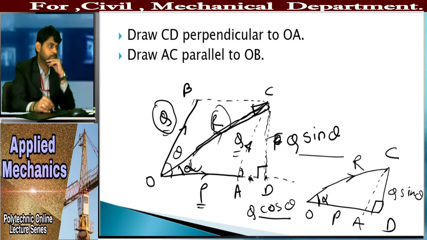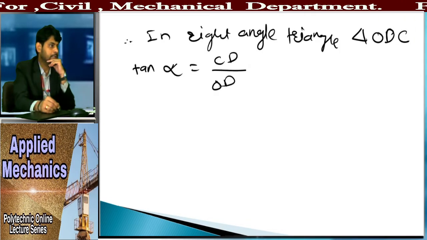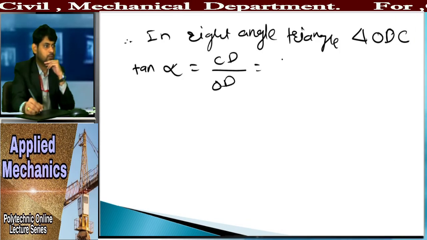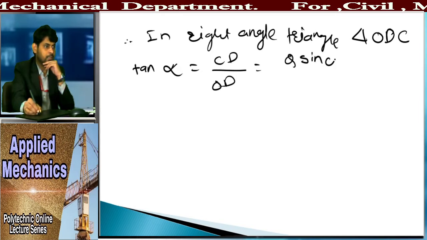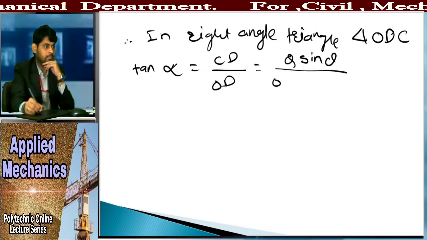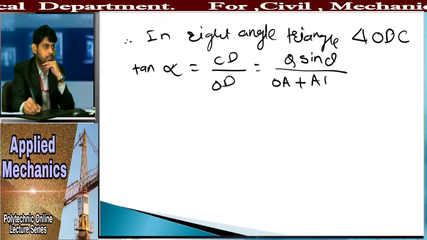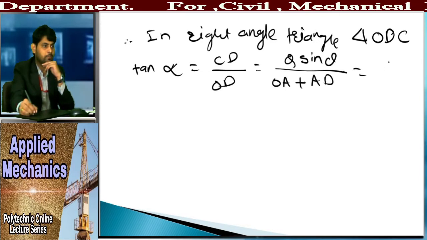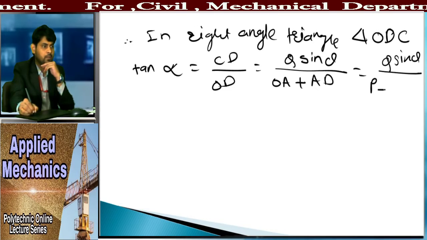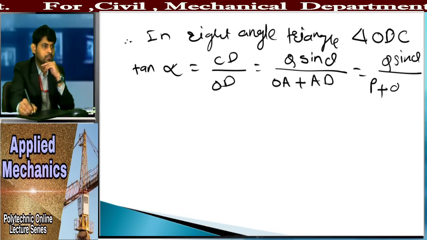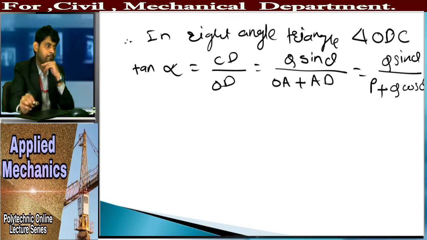So you can write like this: CD is equal to Q sine theta, divided by OA plus AD. The value of OA is P. So Q sine theta divided by P plus the value of AD, which is Q cos theta, right?